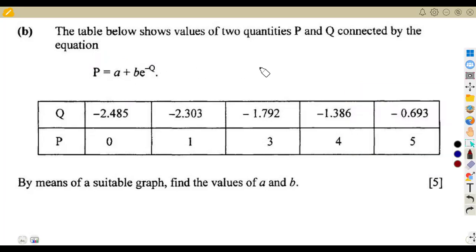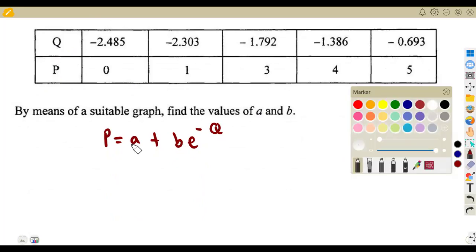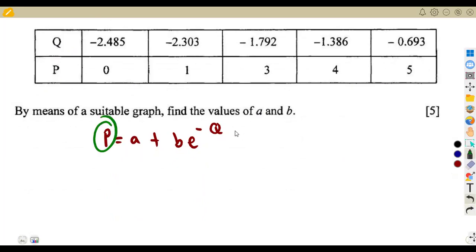We are given that P is equal to A plus B e to the exponent of negative Q. And this is the table representing the values of Q and P, because these are the variables that we are talking about, P and Q.